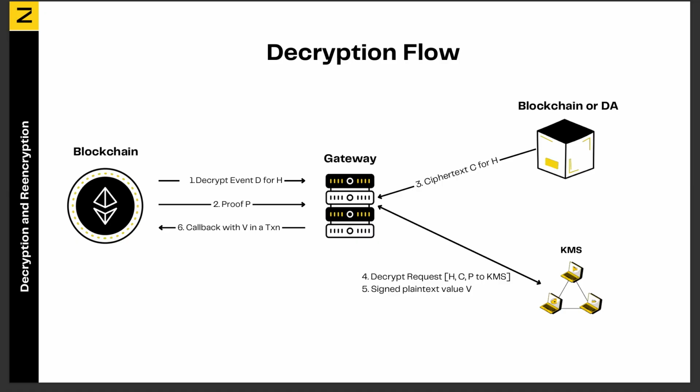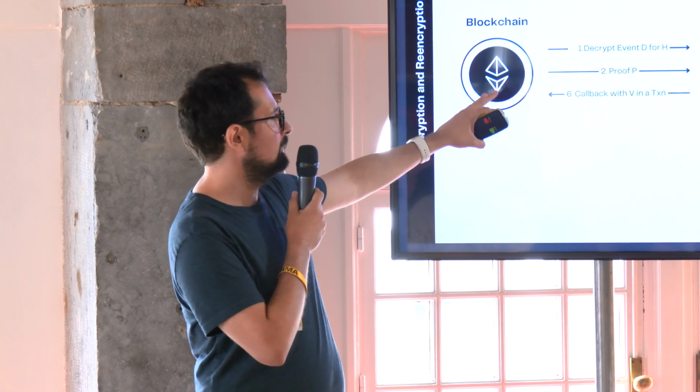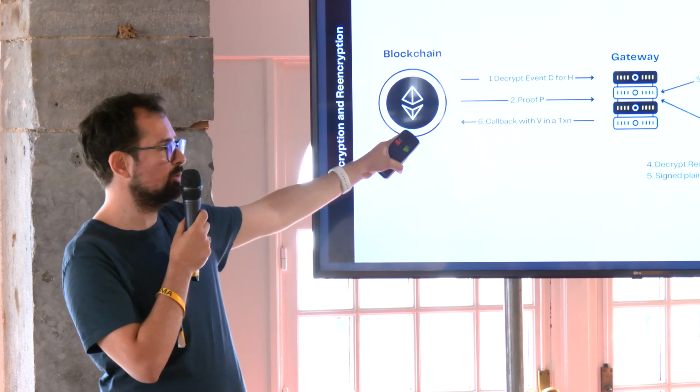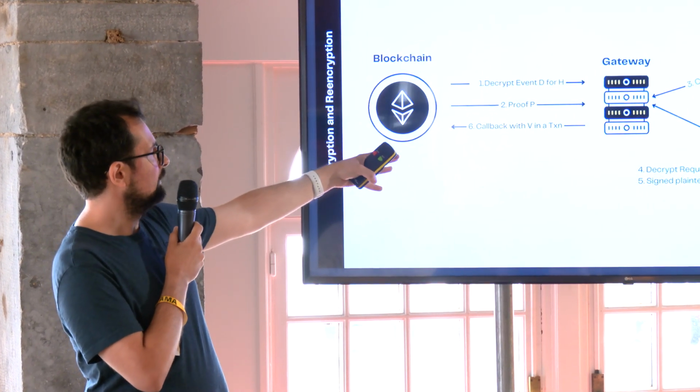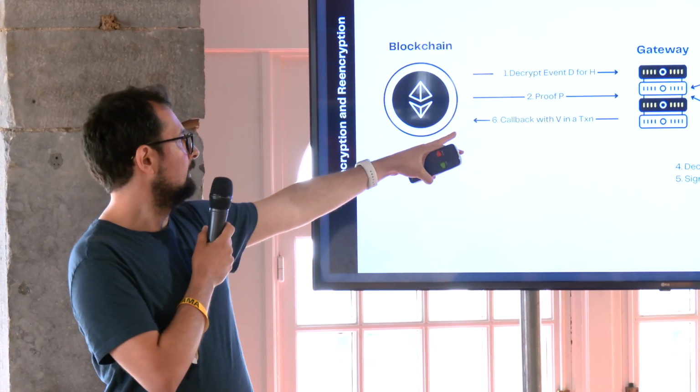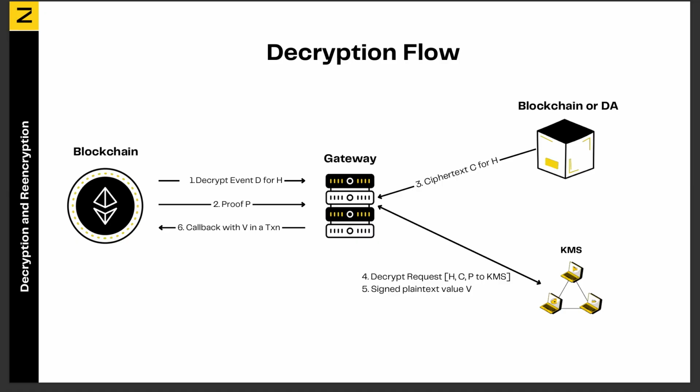And if we look at it in more detail, what happens is that when requestDecryption is being called, there is a decryption event that's emitted on chain for a particular handle that is to be decrypted. And then the gateway just listens to these events on chain. And when such an event occurs, then the gateway will fetch a proof from the blockchain that this handle is to be decrypted.